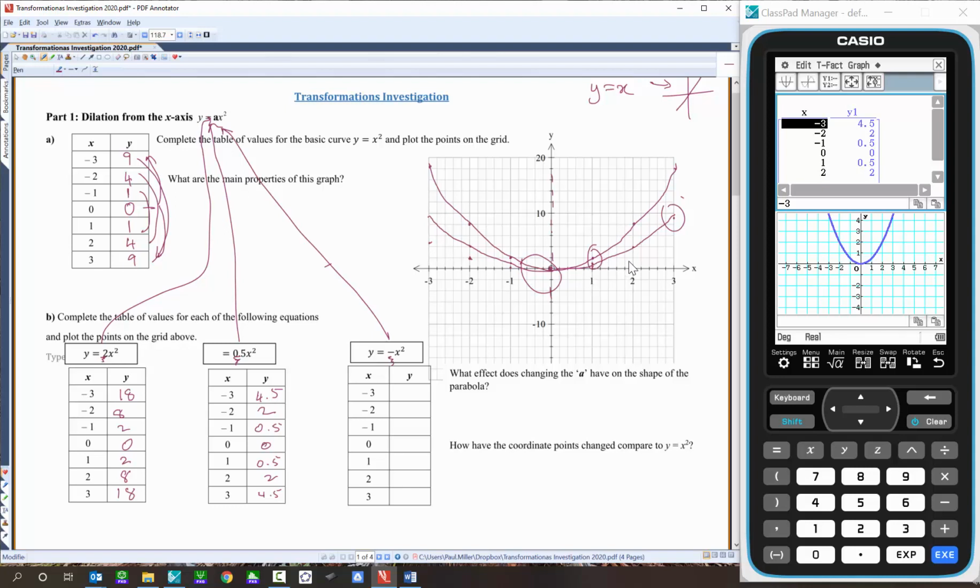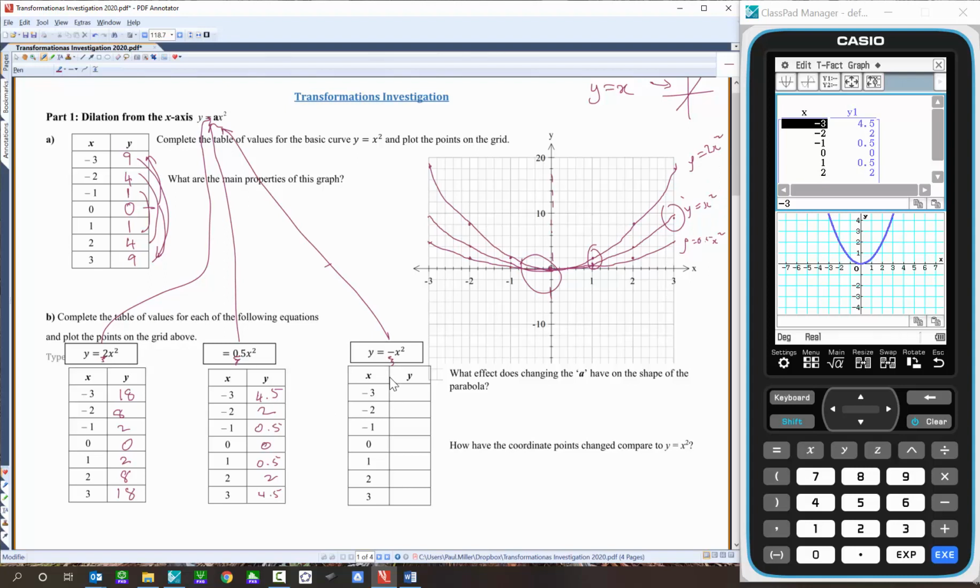And down here, just make sure it's symmetrical. There. Right, best attempt. There, all right, let's make sure we're labeling this. y equals 0.5x squared. This one was y equals x squared, and this was y equals 2x squared.